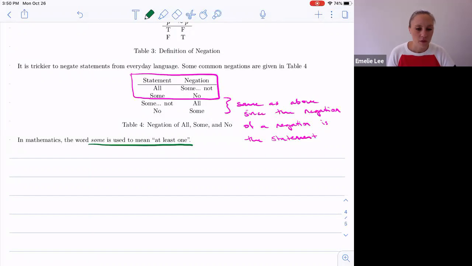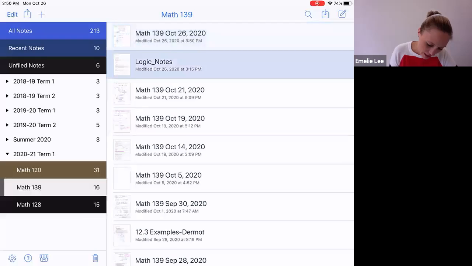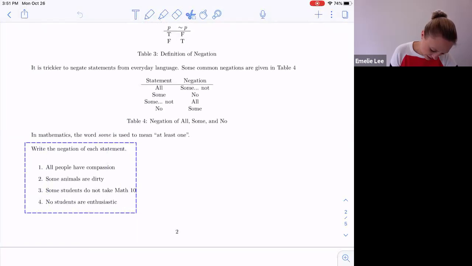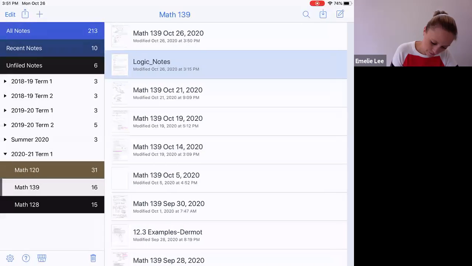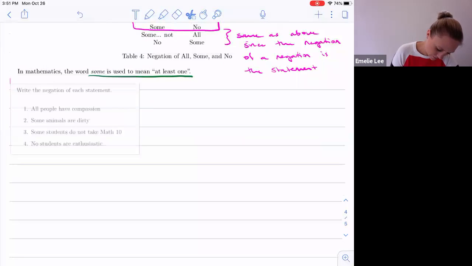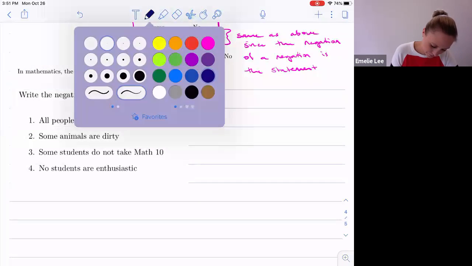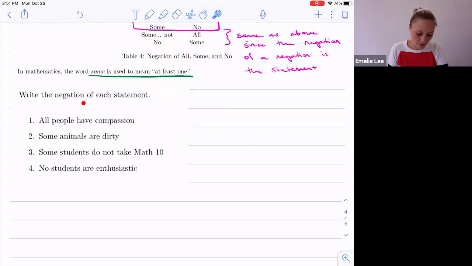If you're already working on the assignment, or when you're working on the assignment, it can be kind of tricky. So if we want to write the negation of each of these statements, then we want it to be the exact opposite, but it's not necessarily going to be that.